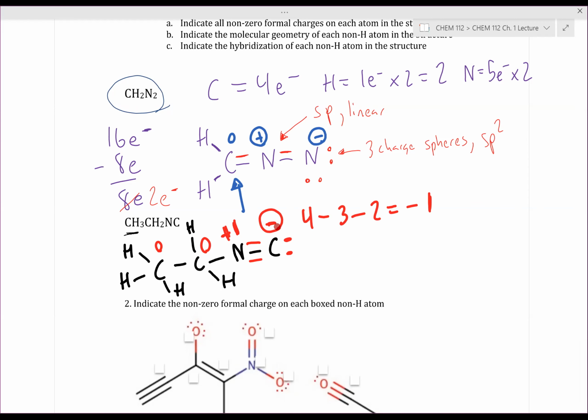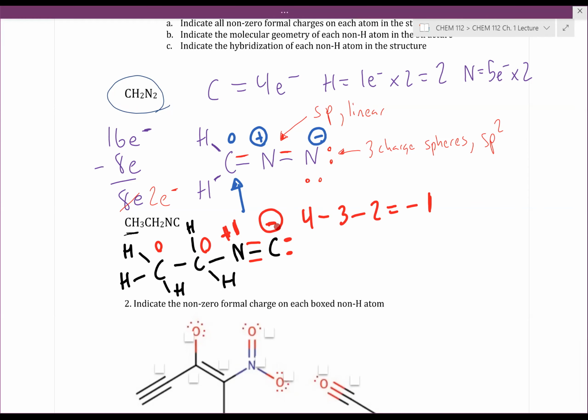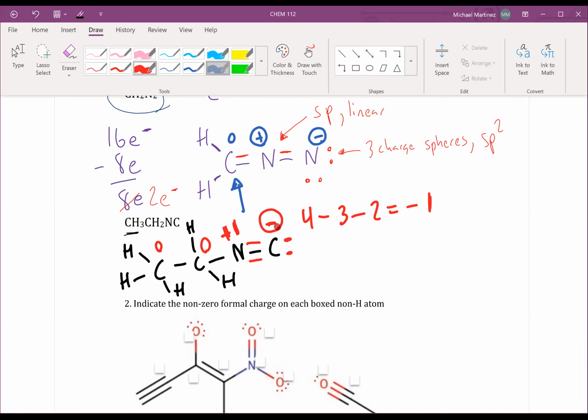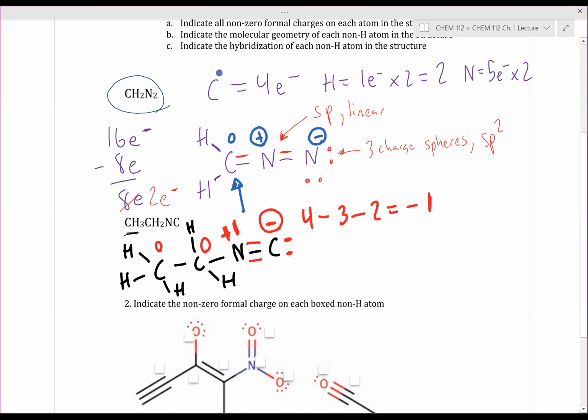Okay, so with our formal charges assigned, let's now move to geometry and hybridization. So let's start with the leftmost carbon, the carbon in the CH3 functional group. How many charge spheres, how many single bonds and lone pairs are surrounding that carbon? 4.